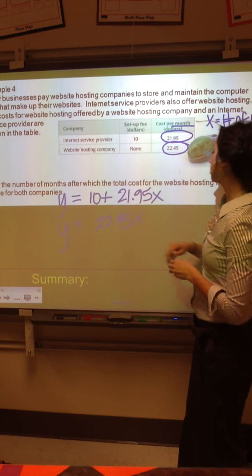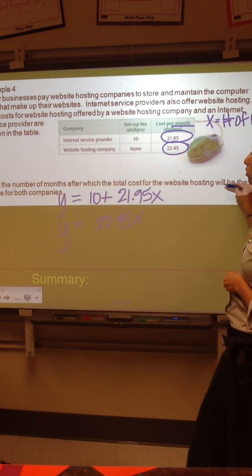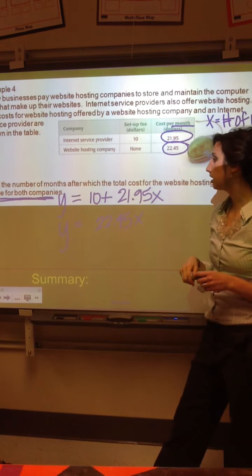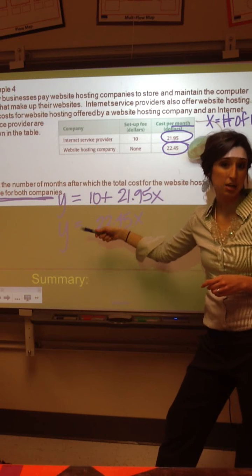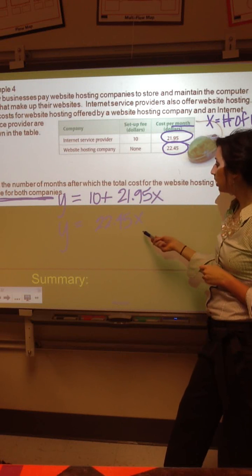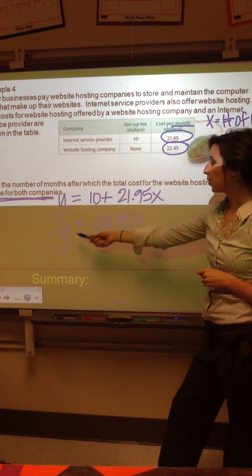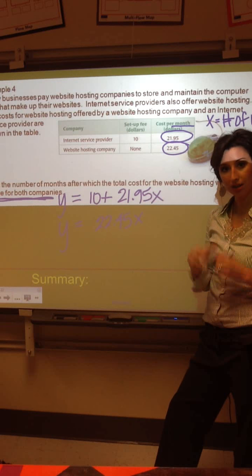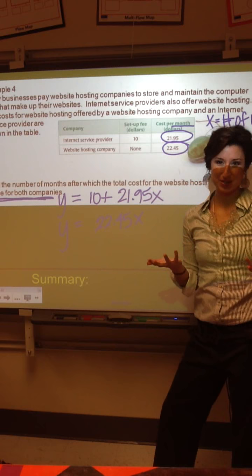Now that we know this, it says we want to know when it will be the same. Find how many months when it's the same for both, all right? So that means if we were going to substitute it in, do I already have a y? Does it already say y equals something? So I can substitute, right?